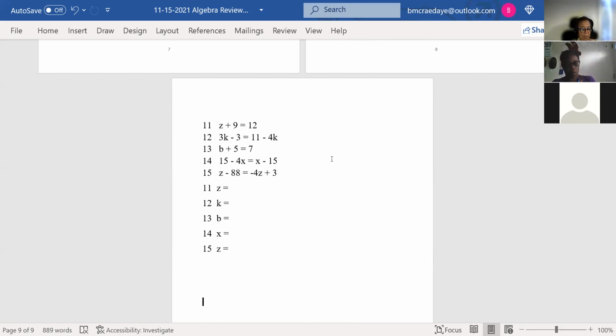You don't have to worry about converting it to decimal or anything. Just leave it as a fraction. We'll get a fraction toward the end. Number 15. Leave it as an improper fraction. Okay. Yes, okay.